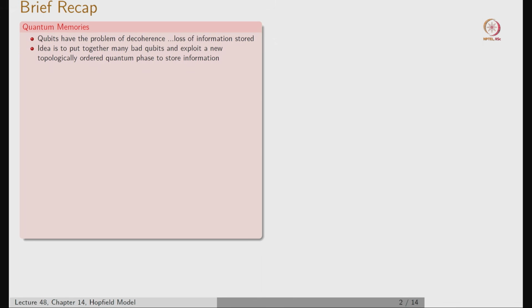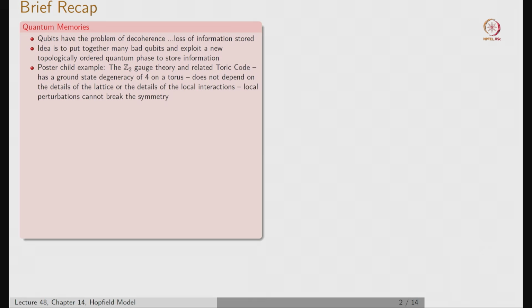What we saw in the last lecture was that you can put a lot of qubits together and create states which have degeneracy associated with qubits, but that degeneracy is not protected by any symmetry. An example of this is the Z2 gauge theory. We looked at examples defined on a torus, and we found that it has a degeneracy of 4.